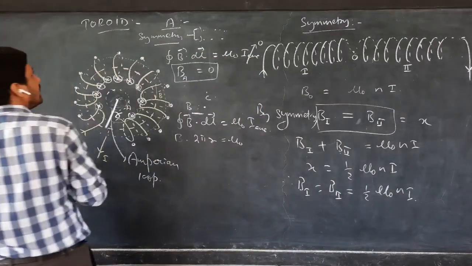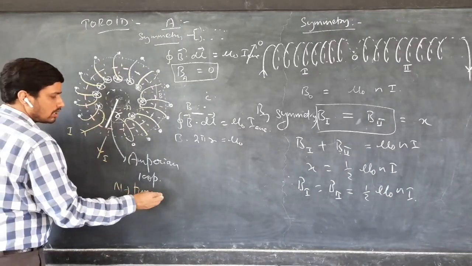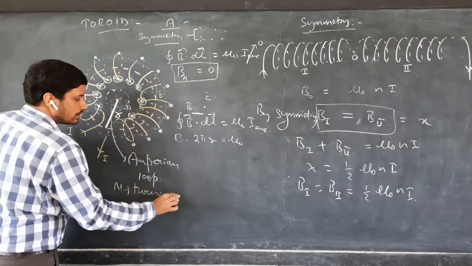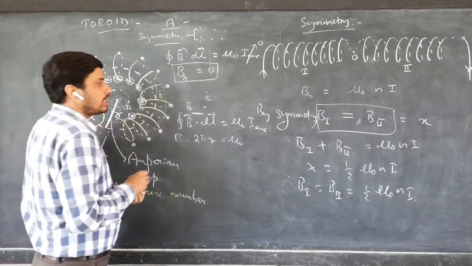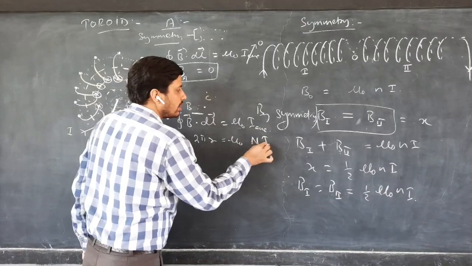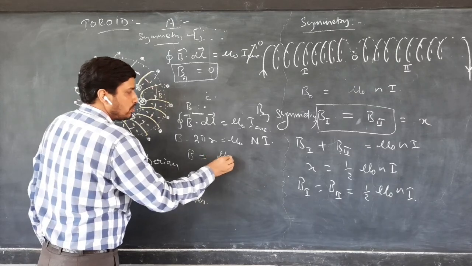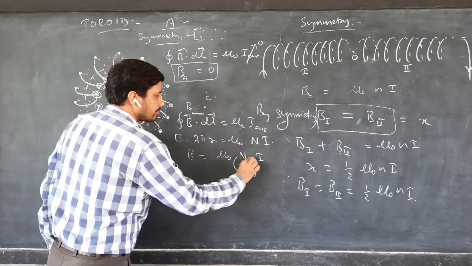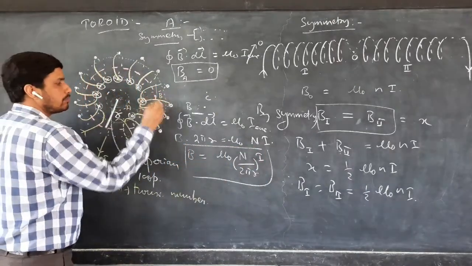So let capital N be the number of turns in the toroid, and in each turn the current is I, so I enclosed will be N times I. So B will become how much? B will be mu naught N I upon 2 pi r. So this is the formula for magnetic field for points like point B.